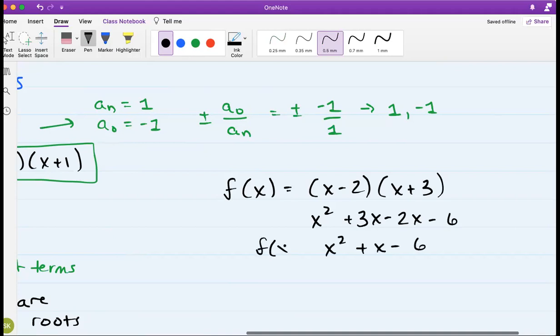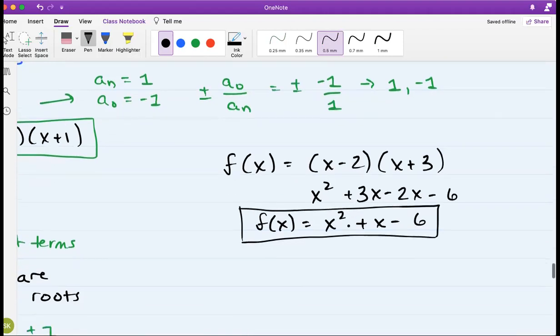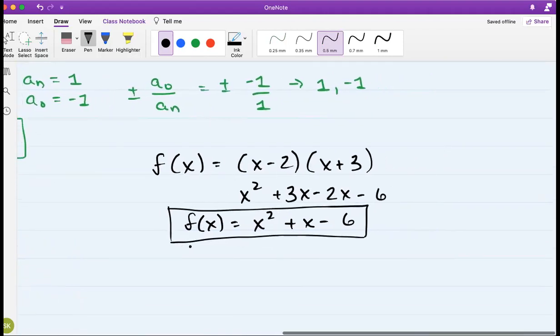So this is the same function, just in non-factored form. Now to find the roots, let's say we didn't know how to factor this. We want to know what could be a rational root here. So what we would do is take a sub 0, put a plus minus in the front, and divide it by a sub n.